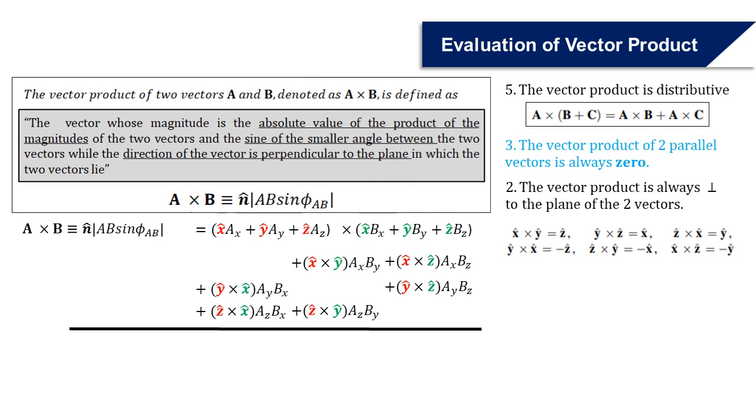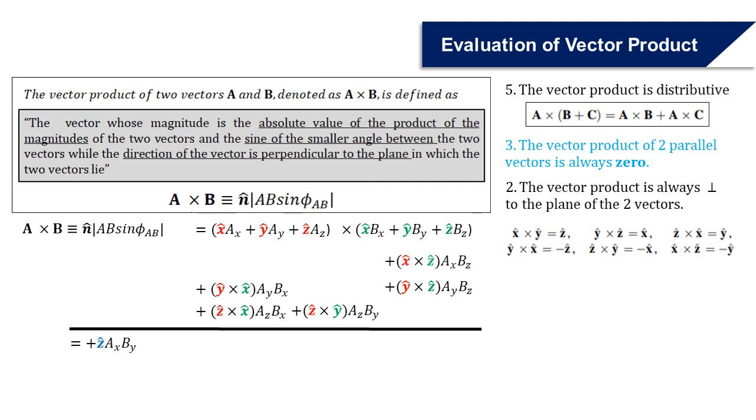So, gagamitin natin itong mga identity na to, or yung itong property na to, to solve and simplify itong ating evaluation. So, for example, first, itong x hat cross y hat. So, ano yung lumalabas dito? So, that's going to be in the z direction, right? So, ayan. Mawawala na yan. And then, papalitan ko lang siya ng positive z times yung ating mga coefficients.